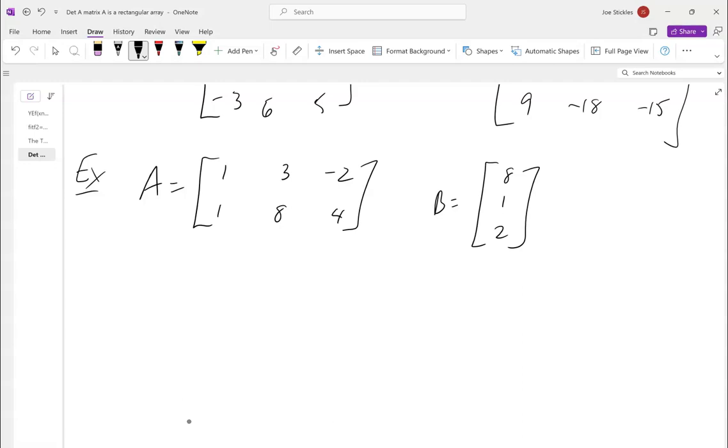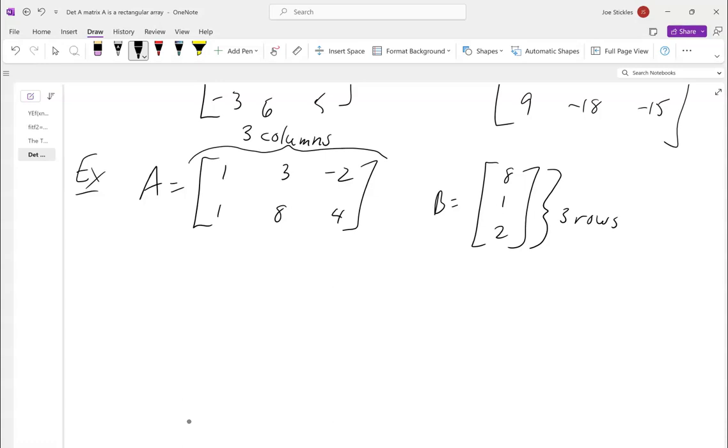All right, so the first thing that we have to have in order to multiply two matrices together is that the number of columns in the first one equals the number of rows in the second one. We have 3 columns here and 3 rows here. These have to match.